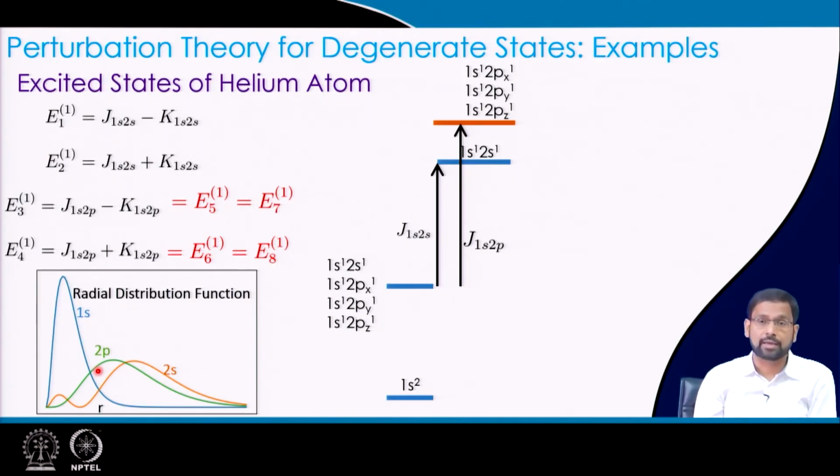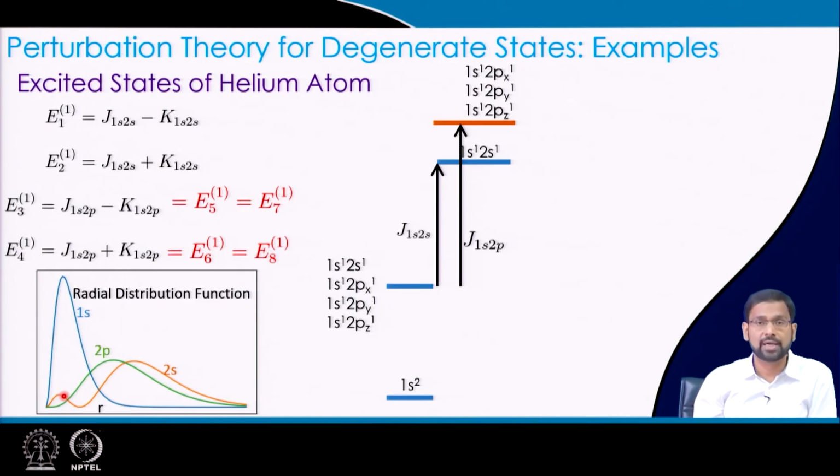In another way to say it, the 1s electron cannot shield the 2s electron from the nucleus, because the 2s electron is able to penetrate closer to the nucleus. But this shielding by the 1s electron is very effective when it comes to 2p electrons, because for 2p electrons the density is not that high closer to the nucleus.